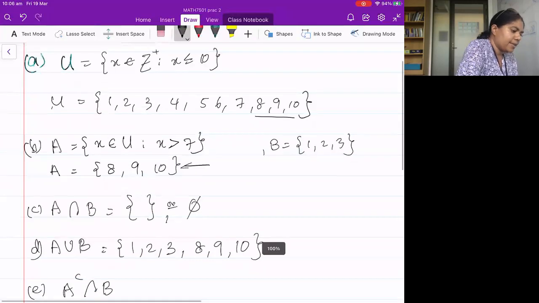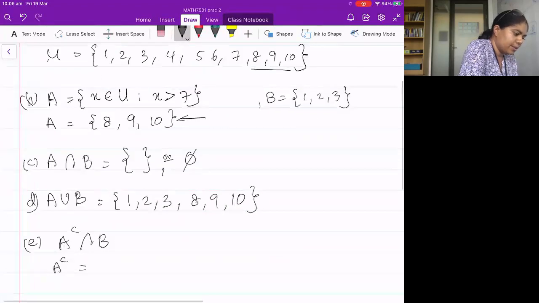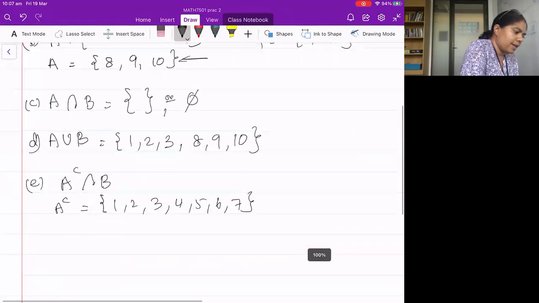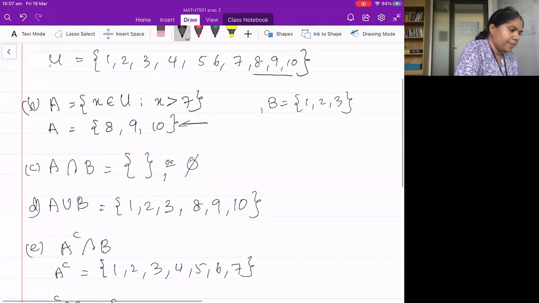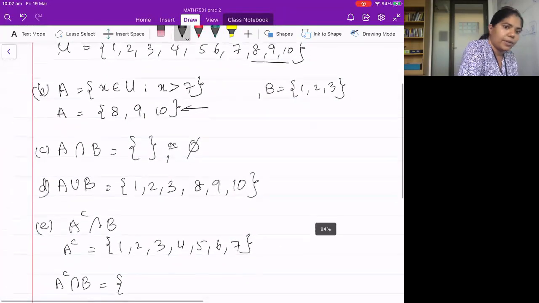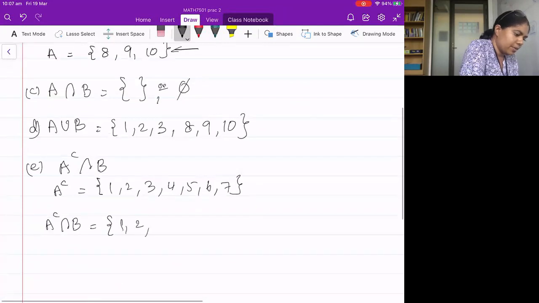Okay, so everything except 8, 9, 10 in U, that would be 1, 2, 3, 4, 5, 6, 7. A complement intersection with B: intersection with B, we get just 1, 2, 3, which is the set B.